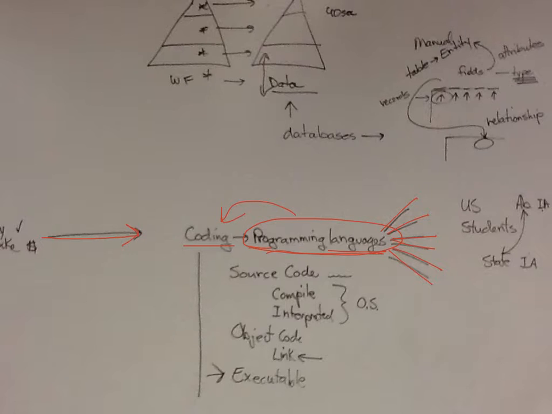And what a programmer writes is source code. The source code is then either compiled or interpreted to match whatever operating system it's going to run on, and then you have an object code. Then you link in other code to get an executable, and that's what you distribute.